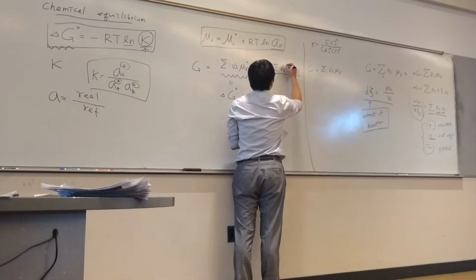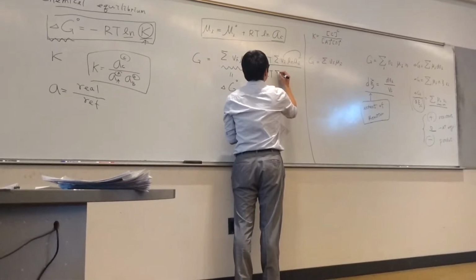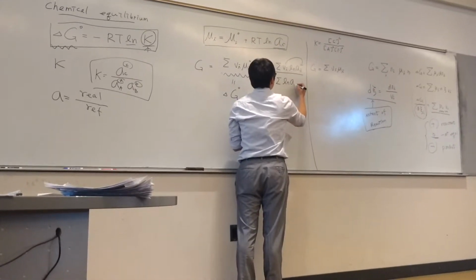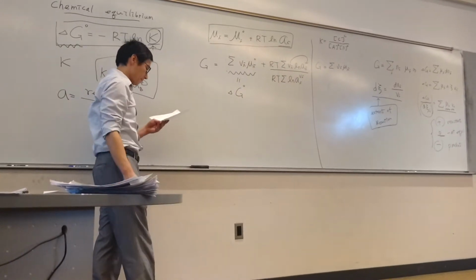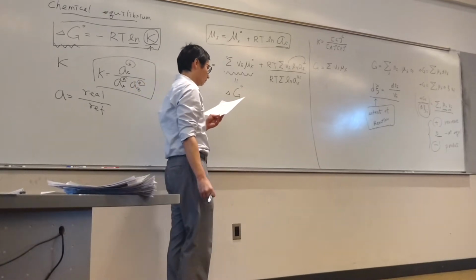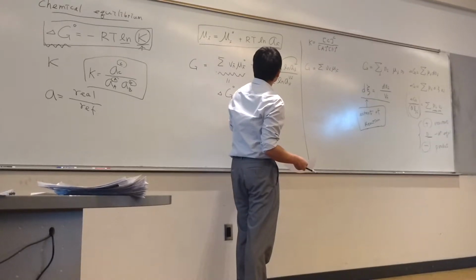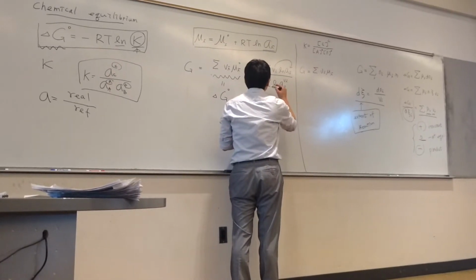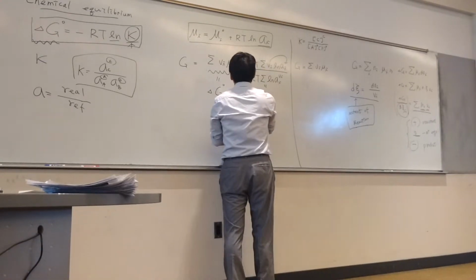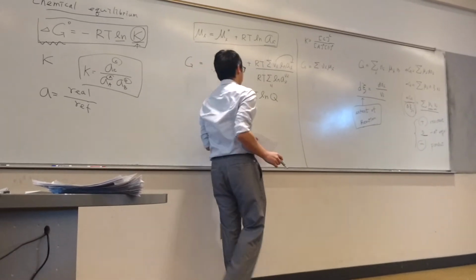For the second term, you can put the v i into the natural log, so it will equal RT summation natural log a i to the v i's power. This term you can rewrite as RT natural log Q.